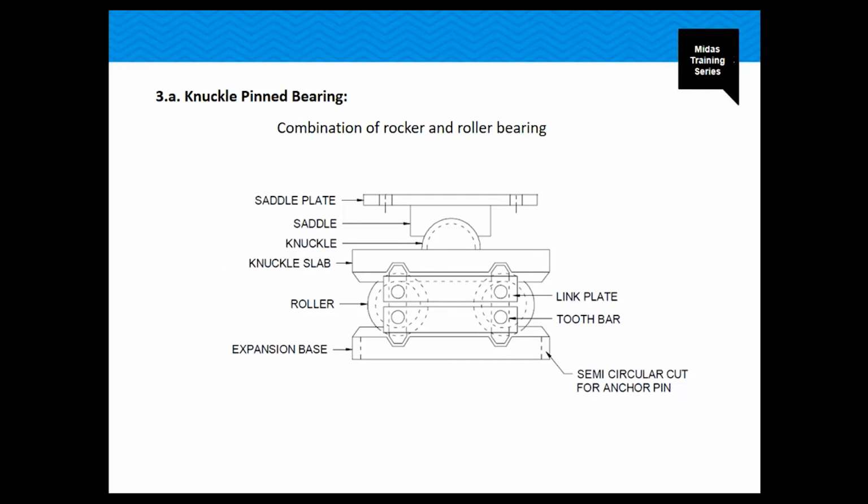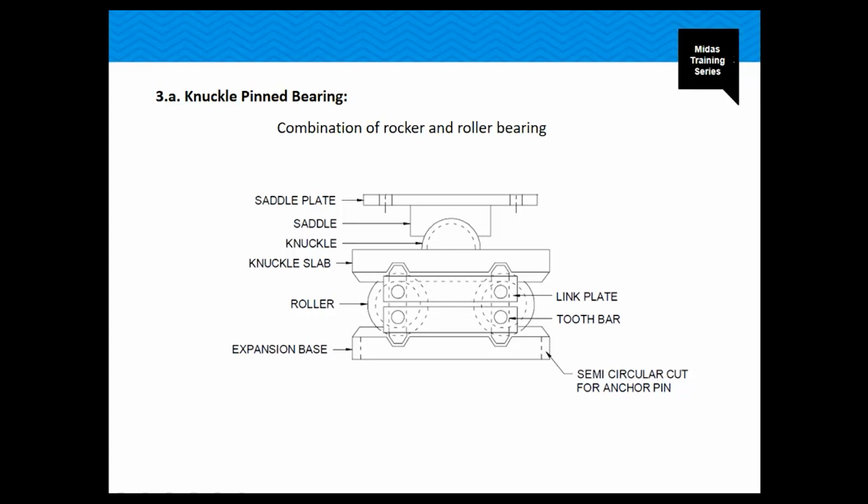We also have the knuckle pin bearing. These are a combination of a rocker and a roller type of bearing, which can cater to the translation as well as the rotation. It consists of a saddle plate assembly resting on a knuckle, which is rigidly attached to a knuckle slab, which further translates on a set of rollers, which is these ones that you find here.